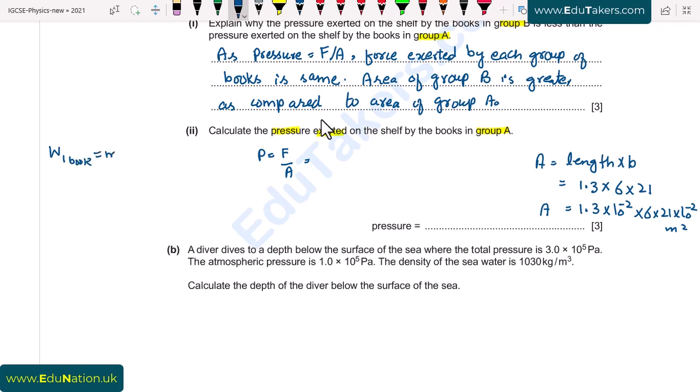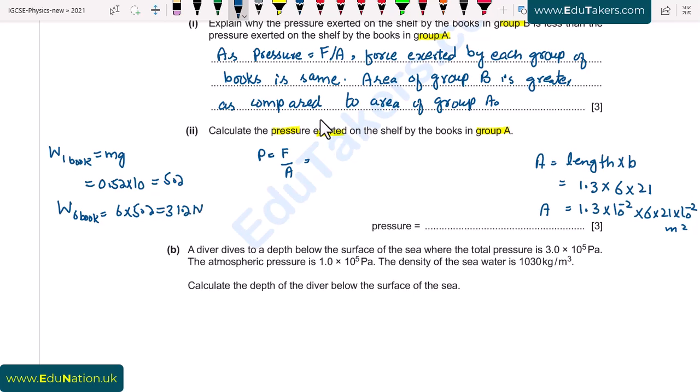Weight is the product of mass and acceleration due to gravity, where mass is given 0.52 multiplied by 10, and it comes to be 5.2. Secondly, we have to calculate this weight for 6 books. So I multiply it with 6. 6 multiply 5.2 comes to be 31.2 newtons.